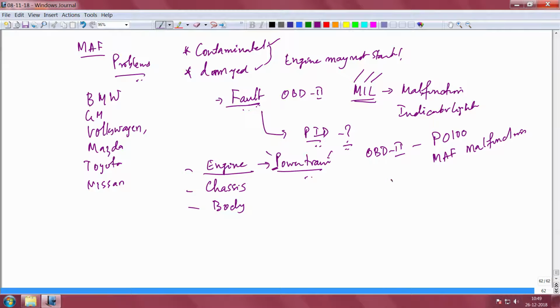Similarly, you have P0101 which can correspond to mass airflow circuit range, it is beyond range, and P0102 is mass airflow circuit low.